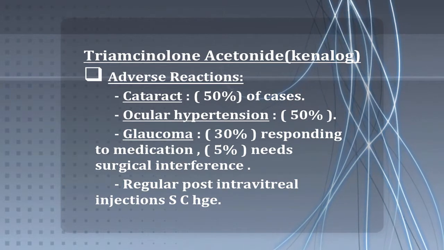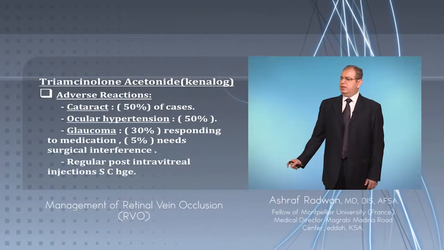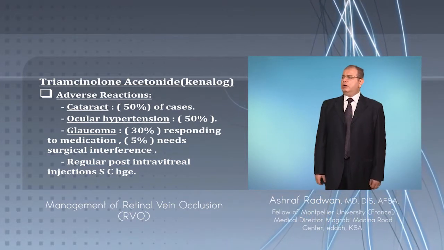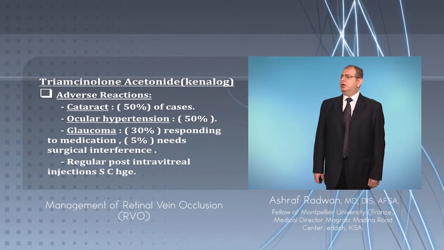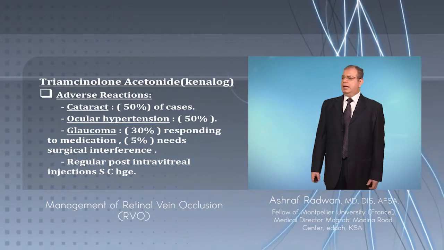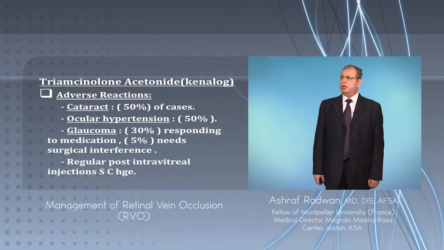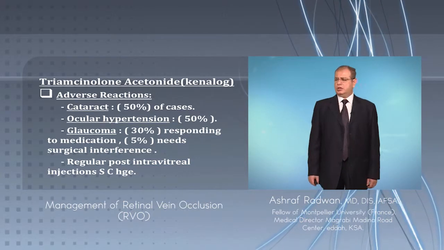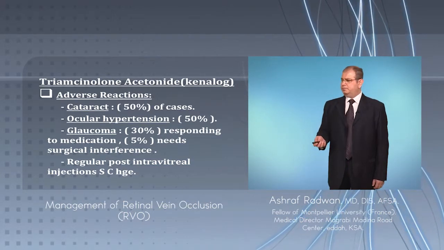Most of them respond to medication, but there is 5% that needs surgical intervention. Regular post-intravitreal injection subconjunctival hemorrhage is one of the characteristics of any intravitreal injection, that it can happen with it.